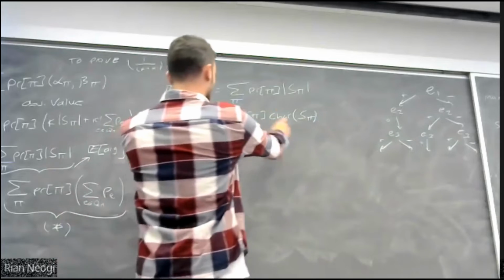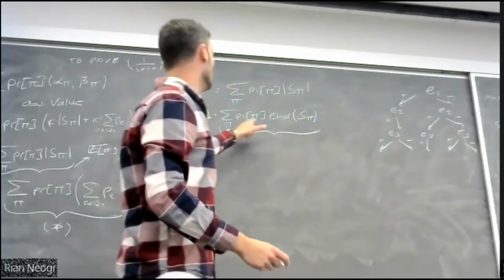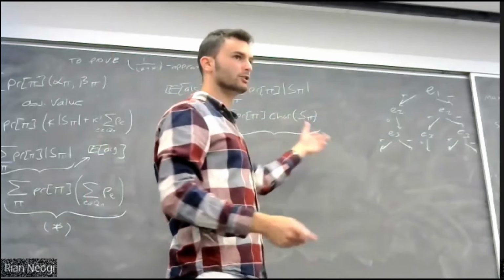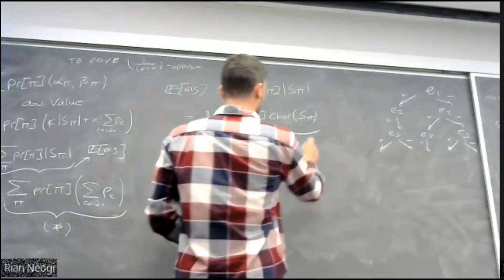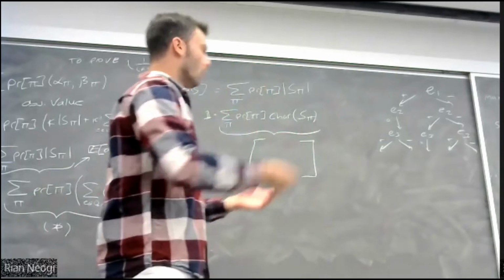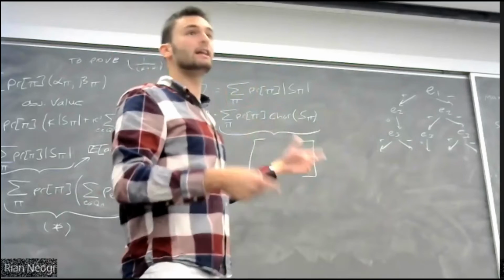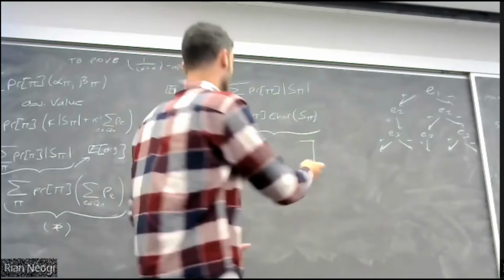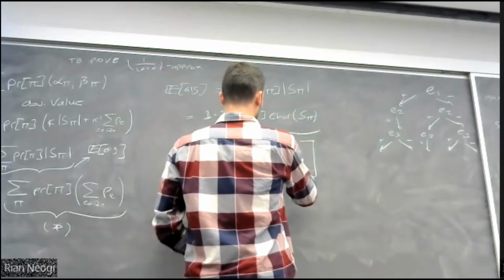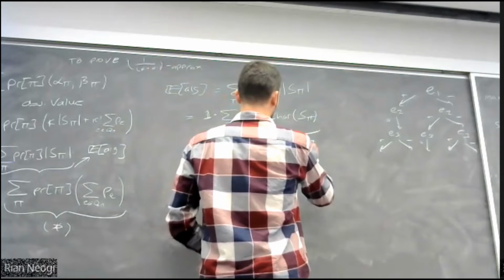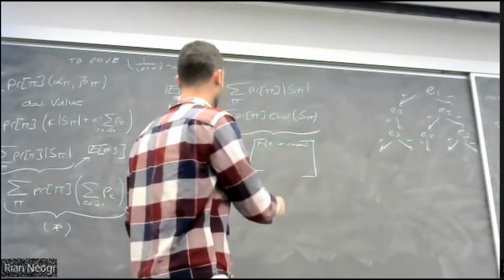If we think of what this is, the sum over all possible outcomes, probability of the outcome times the characteristic vector of that outcome, this is a vector where for each element it gives me the probability that this element was chosen by the greedy algorithm. So here we would have the probability that E1 is chosen by the greedy algorithm, and so on.